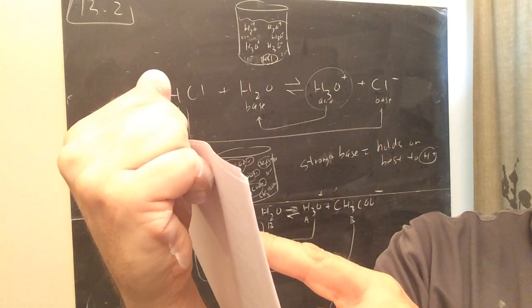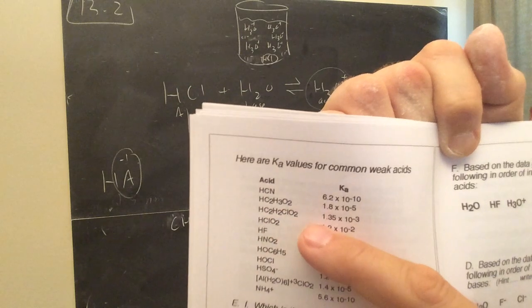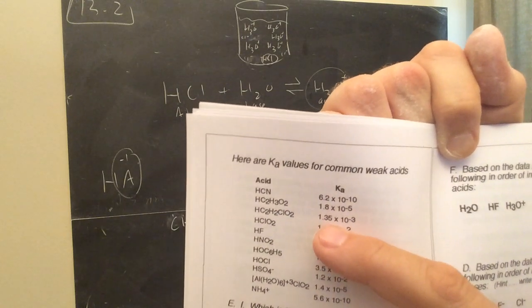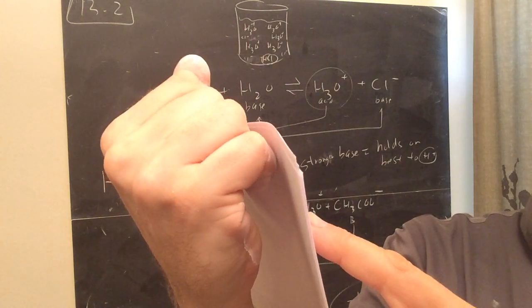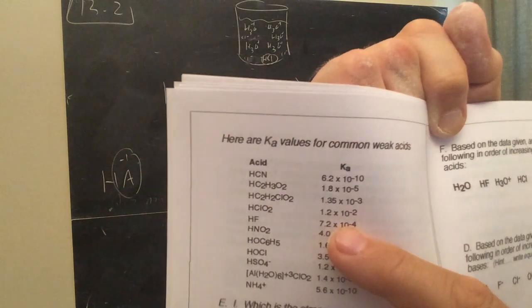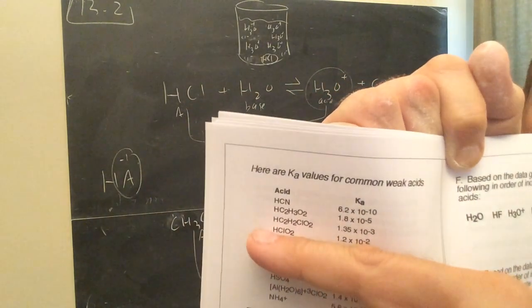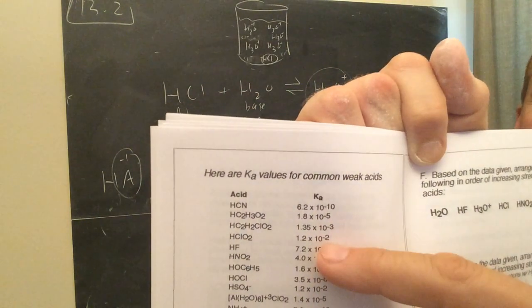I don't even know what this is, this third one with a ClO2 at the end. Oh, that would be chlorous acid. The one with 10 to the negative 2. HClO2 would be the strongest on the page.